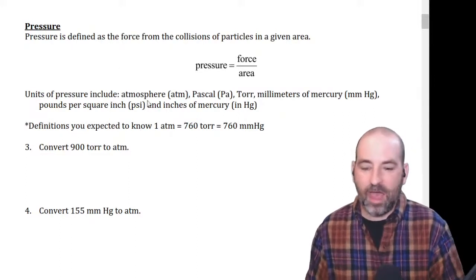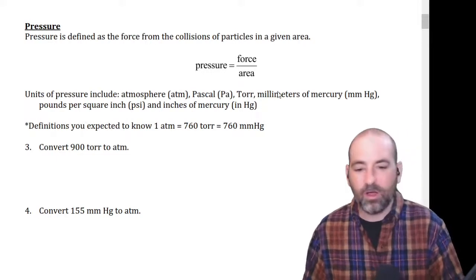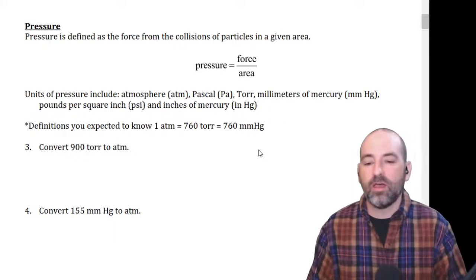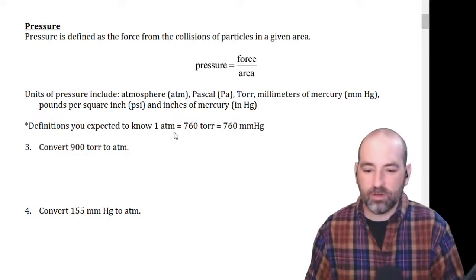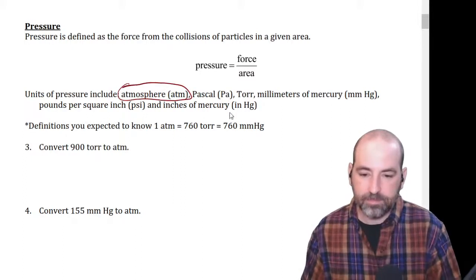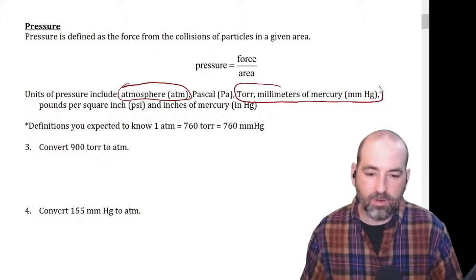So there's a bunch: atmospheres, pascals, torr, millimeters of mercury, pounds per square inch, inches of mercury. We're going to generally focus on atmospheres and millimeters of mercury, which is also known as torr.